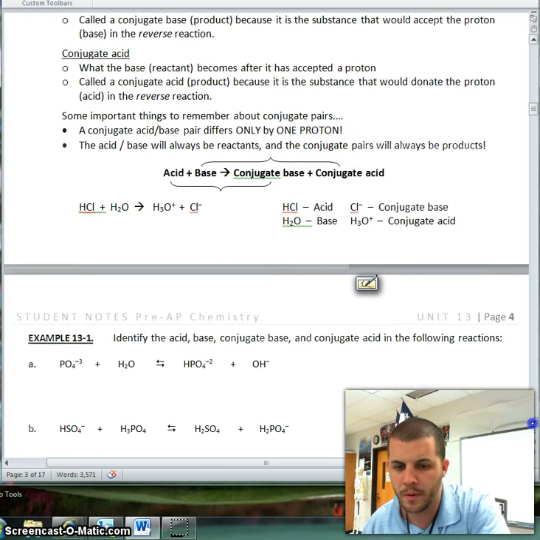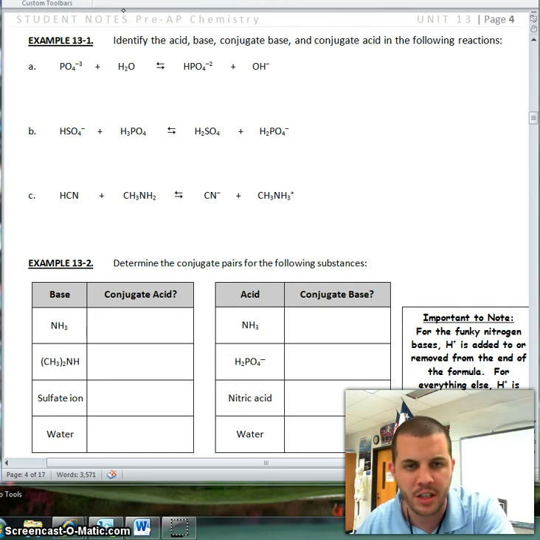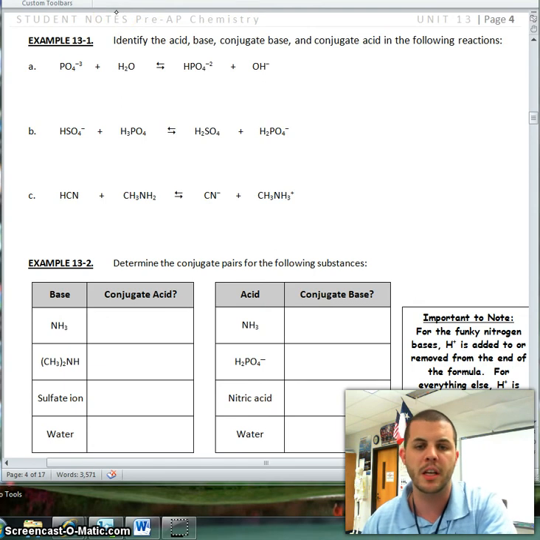All right. So we want to take a look at these examples and identify the acid, the base, the conjugate base, and the conjugate acid. The first thing I need to understand is that my reactants are always going to be my acid and my base, and my products are always going to be the conjugates. So I want to see who lost a proton and who gained a proton.